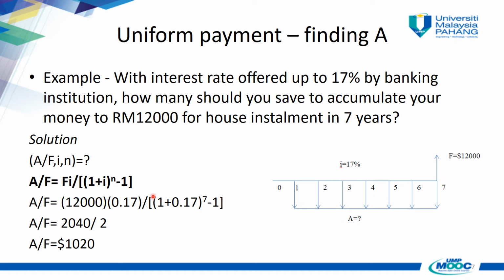If we calculate back, we call this finding A when you know the F. This is our F, 12,000, and 0.17 is our 17% interest rate. You will see that we are required to save 1,020 ringgit every year, so that after 7 years our money will become 12,000.